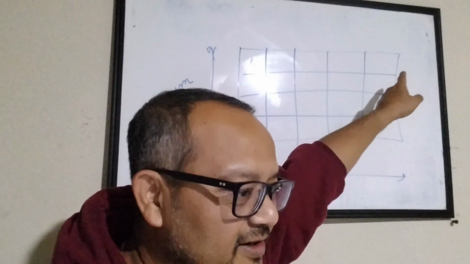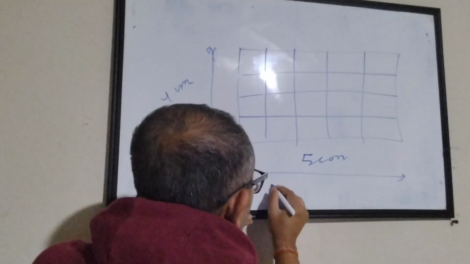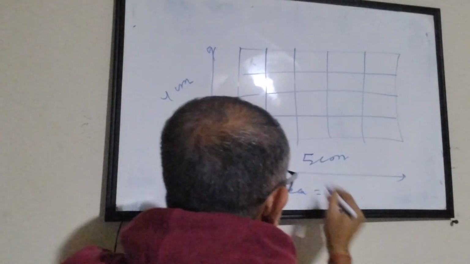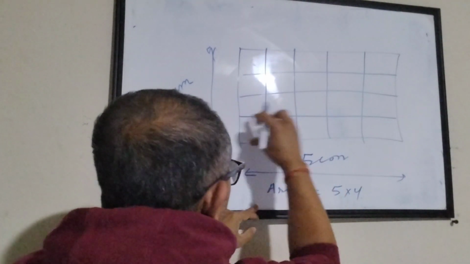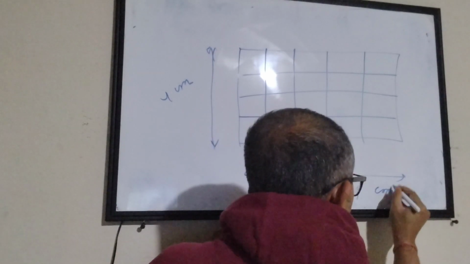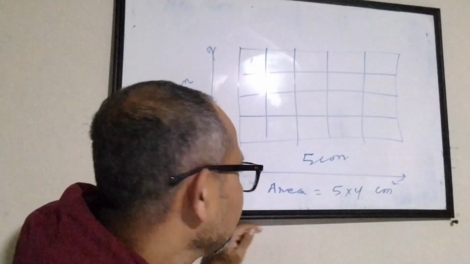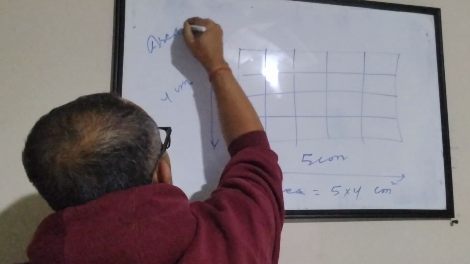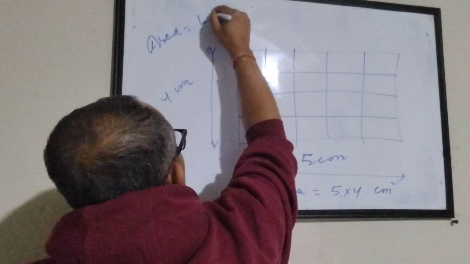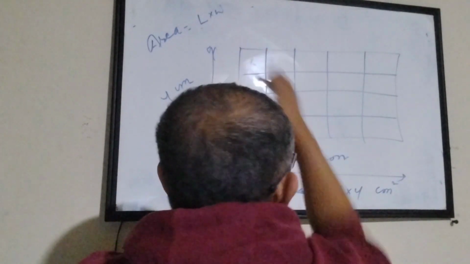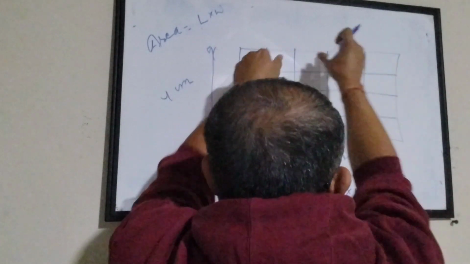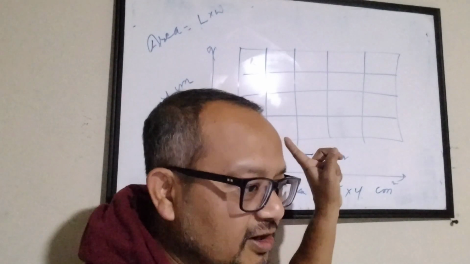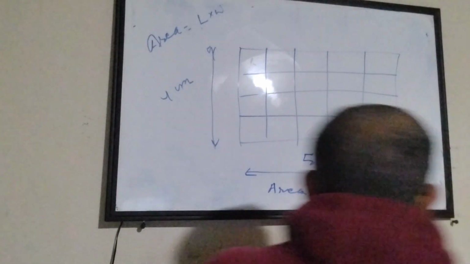So that is what becomes your formula. You say area is nothing but 5 into 4 because I have that many square centimeters. So the area of a rectangle is length times width, because if you visualize this as single unit squares, this many square units you will have there. So this was the origin for the area of a rectangle.